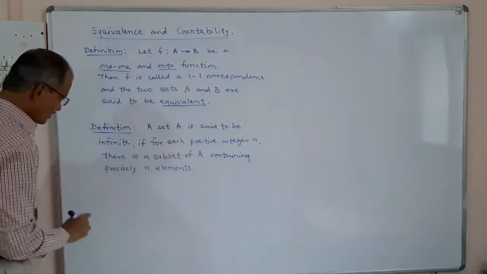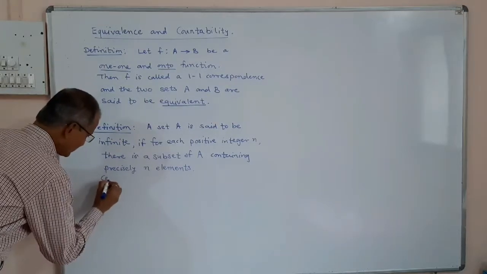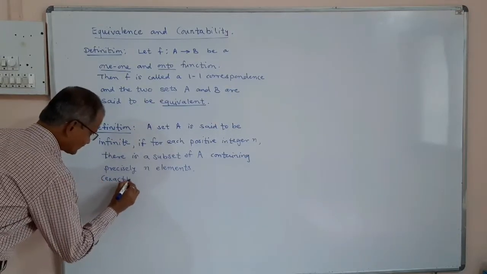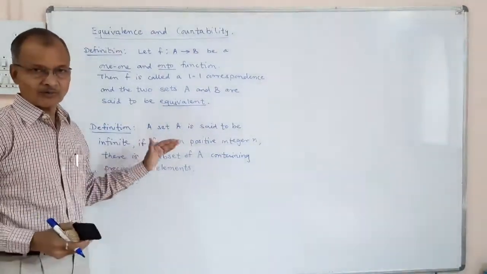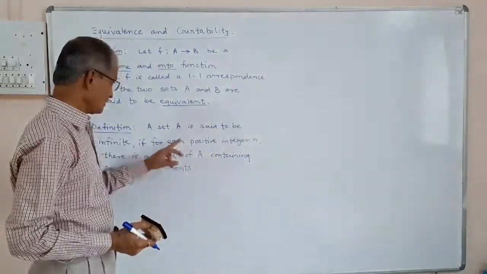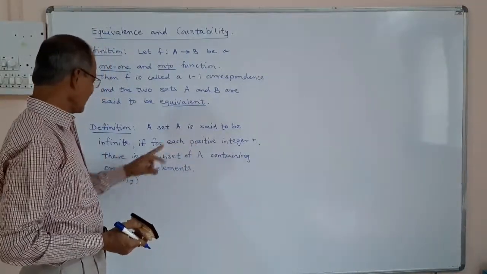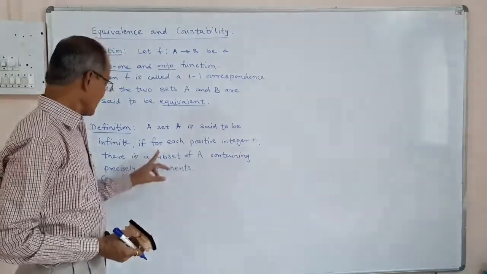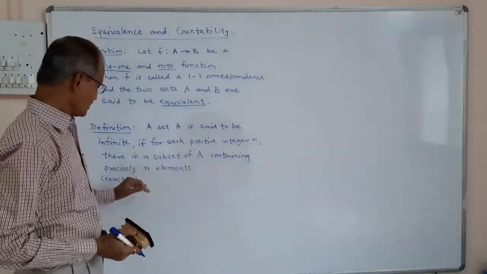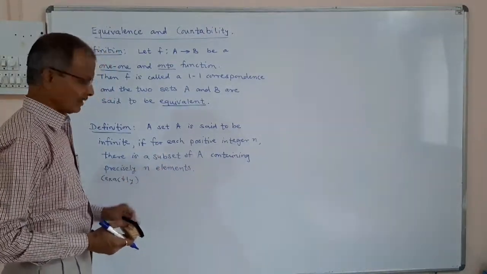So what is the meaning of precisely? Here it means exactly. This is the definition for infinite set. We say A is an infinite set if for every positive integer n there is a subset of A containing exactly n elements.